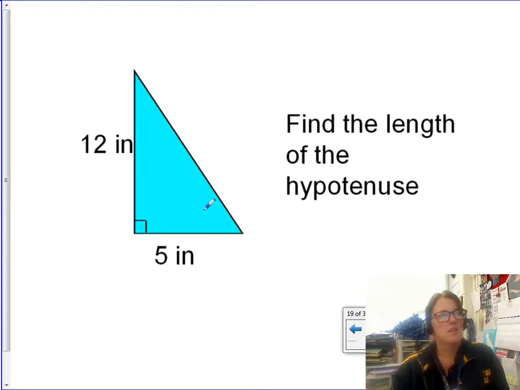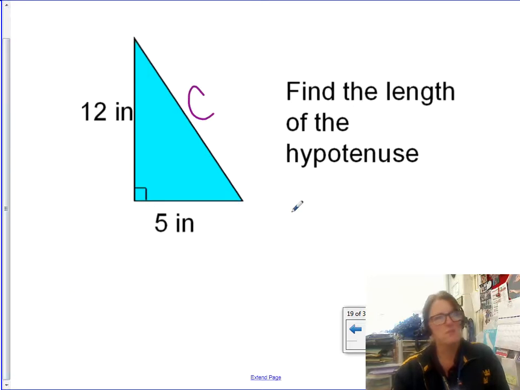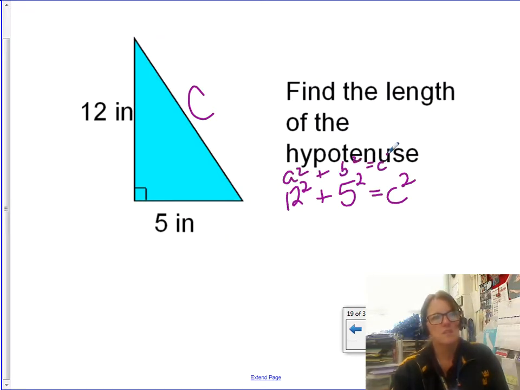Here's a nice triangle, 12 inches, 5 inches. Find the length of the hypotenuse. We always refer to the hypotenuse as c. 12 squared plus 5 squared equals c squared, if I think of this as a and b and c.